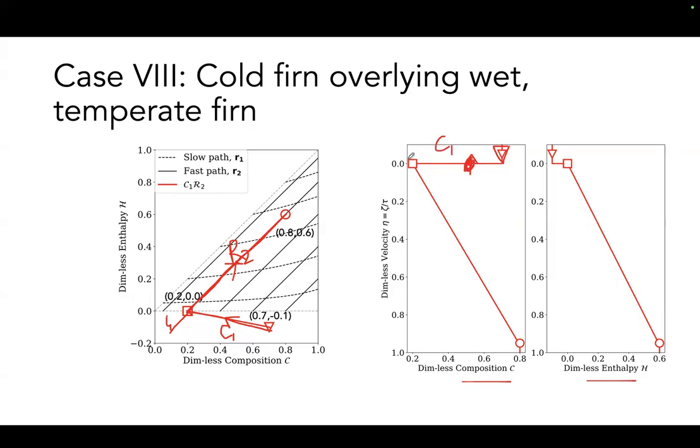And it leads to a lower composition and a higher enthalpy for this particular case. And just think about this. This right state can be here. And in that case, you just make this line from here and connect it at this point. But the solution would be C1R2 again.